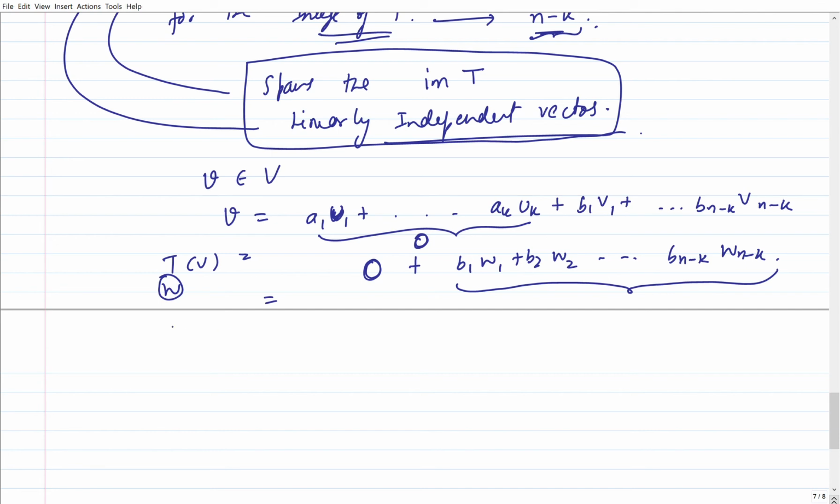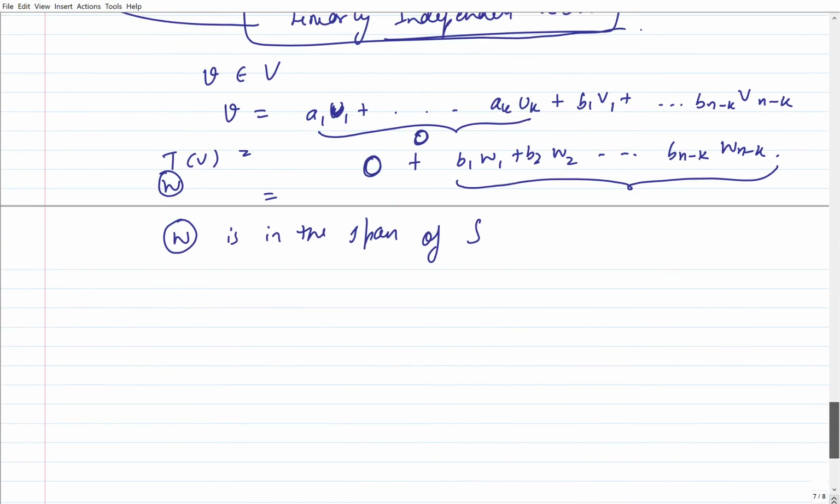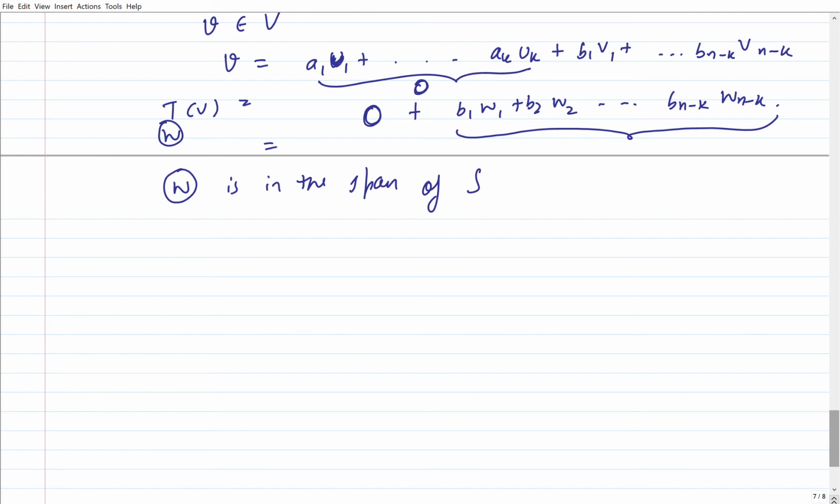Therefore any vector w is in the span of S. Remember, S was the set of all these vectors. So we have it: S spans the image of T.